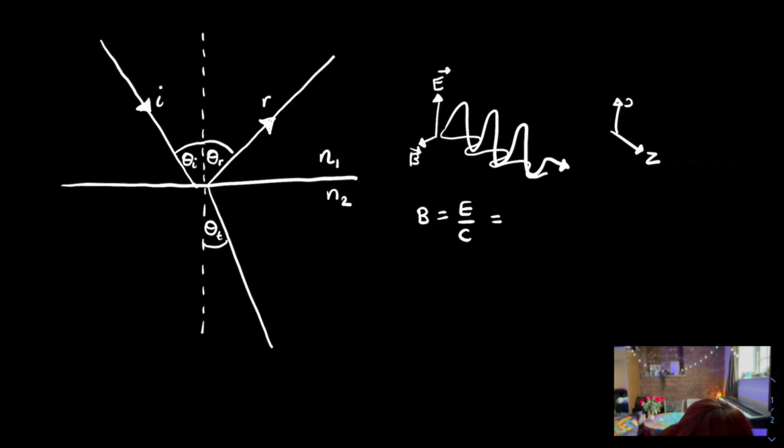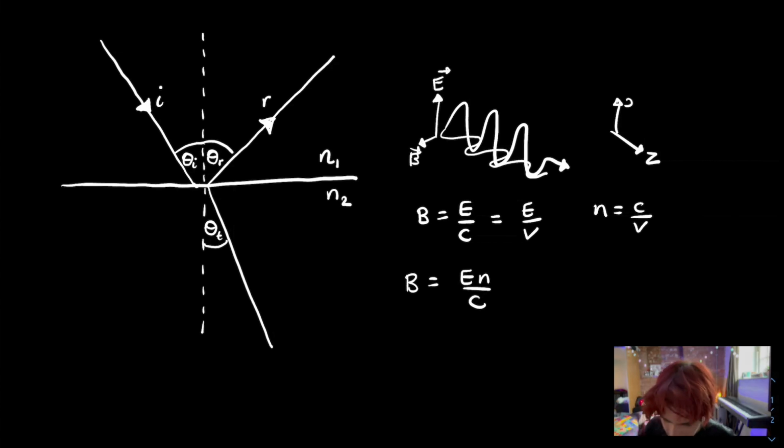So we actually write that it's equal to E divided by v, where v is the speed of light in the medium. And of course, we can use the definition that the refractive index n is equal to c divided by v to say that B is equal to E times n divided by c right here. And this is an equation we will be using a little bit later on.